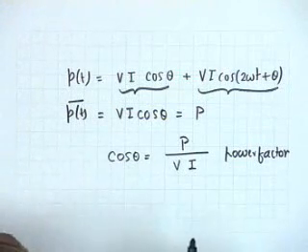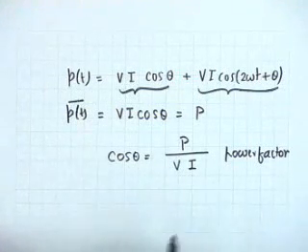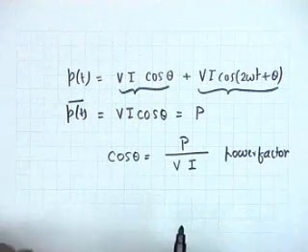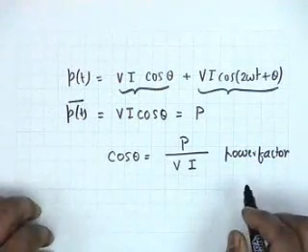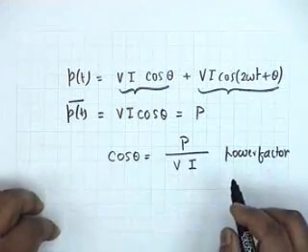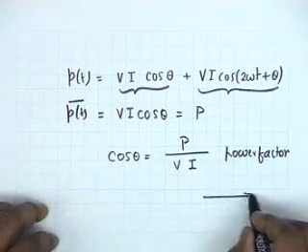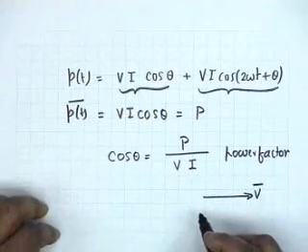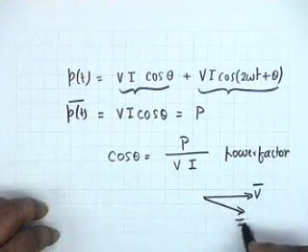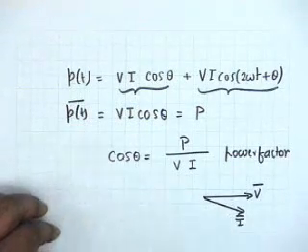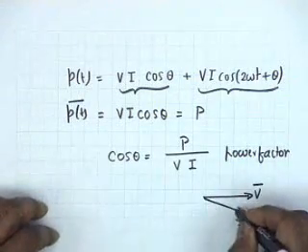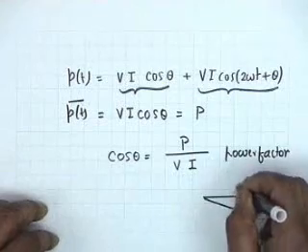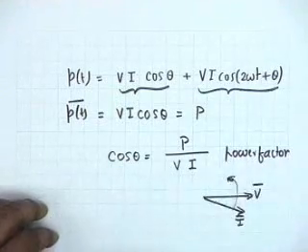Two kinds of power factor are distinguished. One is if the circuit is inductive. If the circuit is inductive, then who leads whom? Voltage leads the current, and therefore the current lags the voltage. This is the positive direction.